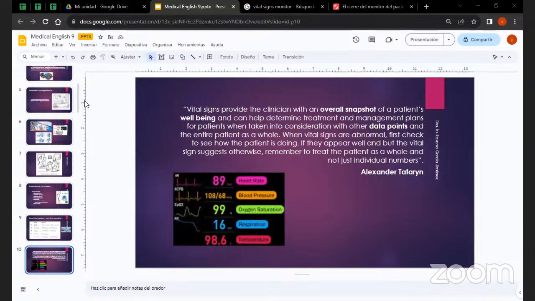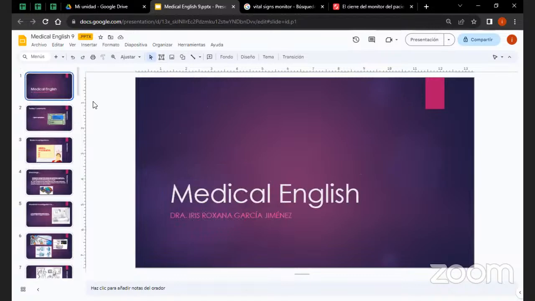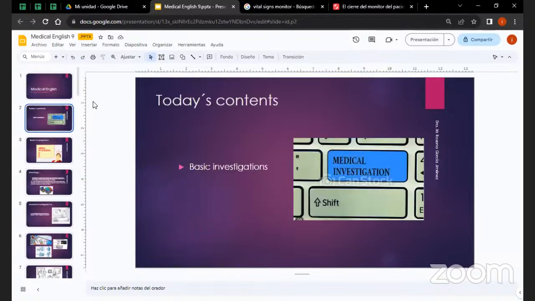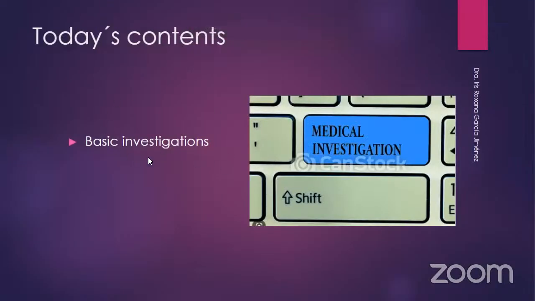Let's make a review about the class, in order to check the part of the class that you missed because you were not able to get in on time, right? Let's start with this, Elena. Yesterday we were talking about basic investigation.